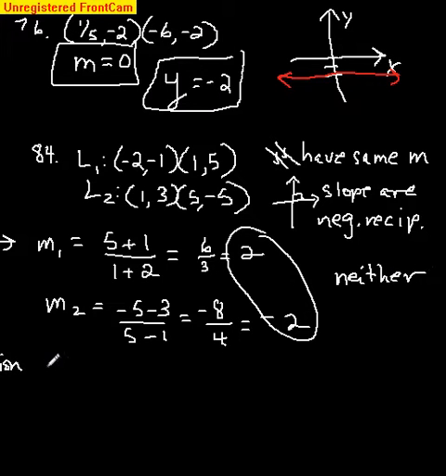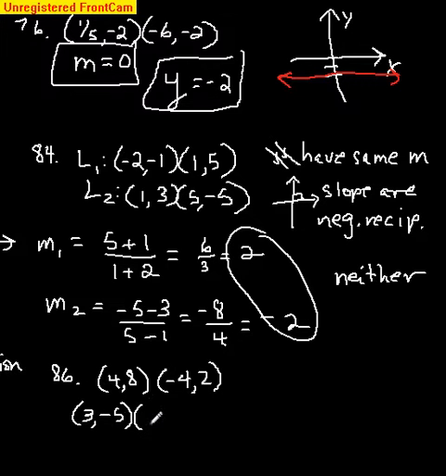Alright, and let's look at the next one, 86. Same deal. You have 4, 8 and -4, 2. The second line is 3, -5, -1, 1/3. So we're going to subtract the y coordinates. This is 1 and this is 2.